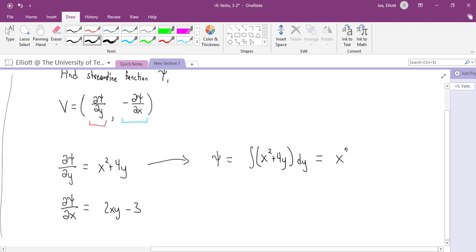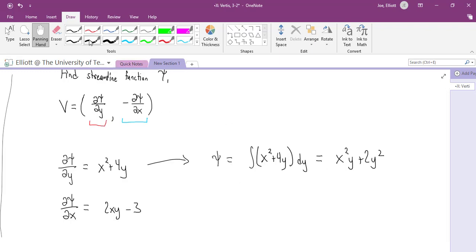So that's going to be x squared y plus 2y squared. Now, however, here, when we did the integral with respect to y, we were treating x as a constant. So we should add like a plus c at the end, but that plus c could actually be a function of x. So to emphasize that, I'll write plus c of x.